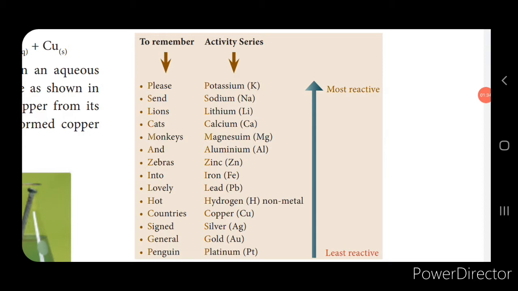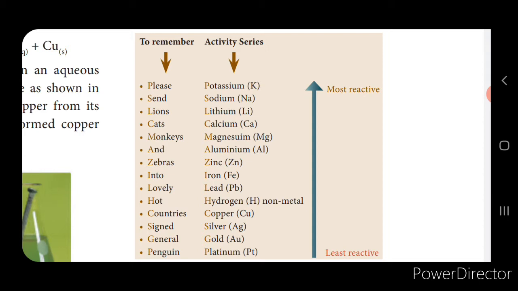Let us take two elements, one from the bottom of the series, the other from the top of the series. Let's see which metal displaces hydrogen gas from hydrochloric acid. Let us take silver and zinc. Where is silver present? It is present at the bottom, isn't it? So it is least reactive. Where is zinc present? It is present above hydrogen, isn't it?